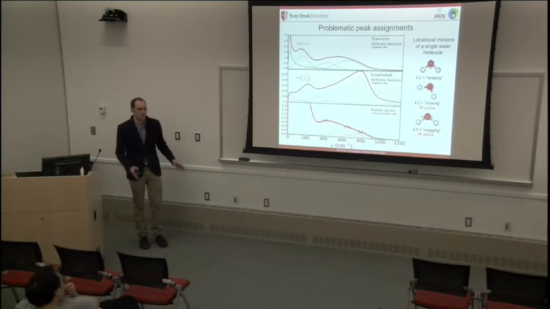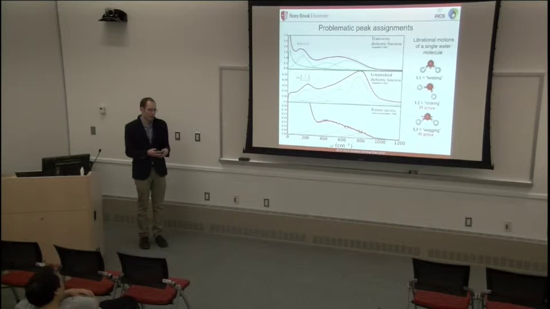Well, yeah, previously people thought that the dynamics occurred in clusters. So people looked at spectra of gas phase clusters, and when you get up to a cluster with about 5 molecules, you start to reproduce the spectra of the bulk. So people thought dynamics are limited to small clusters.